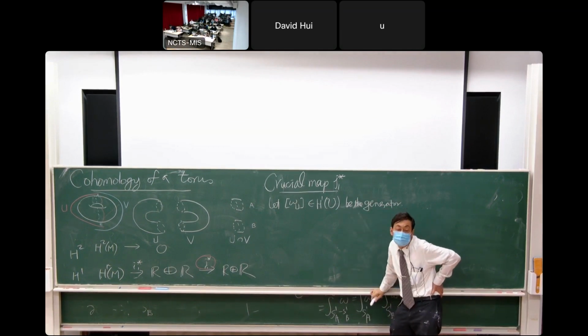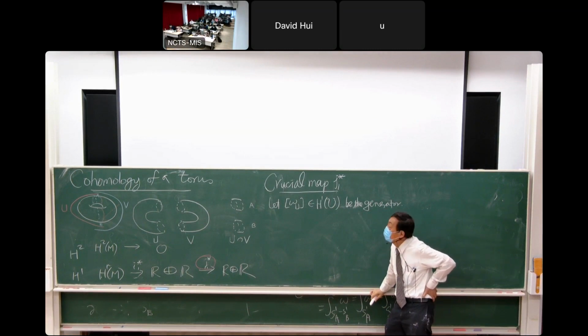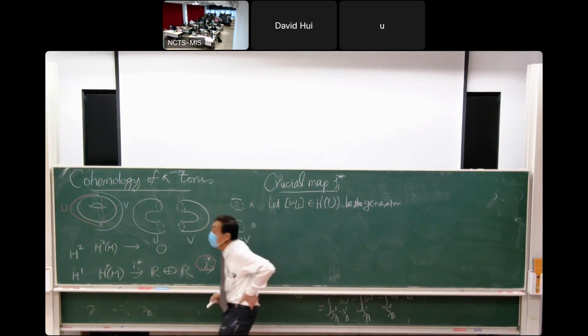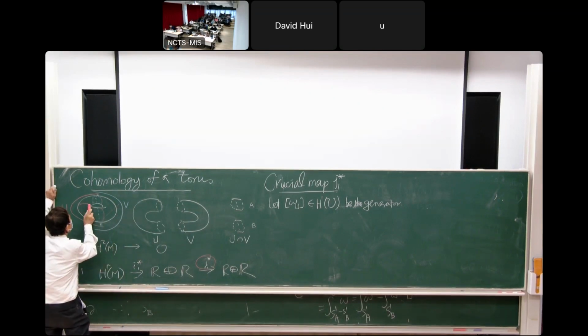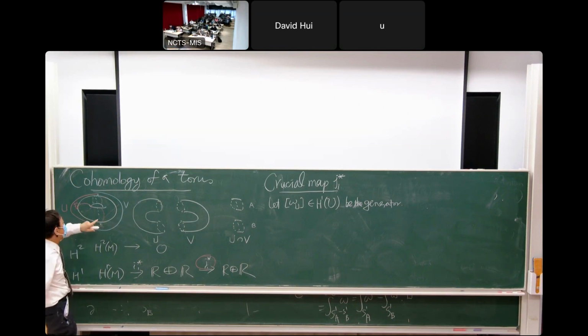That means it integrates to 1 on, you see, because U has the same homotopy type as a circle, right? Say S1U. So that omega U should integrate to 1 on this circle.